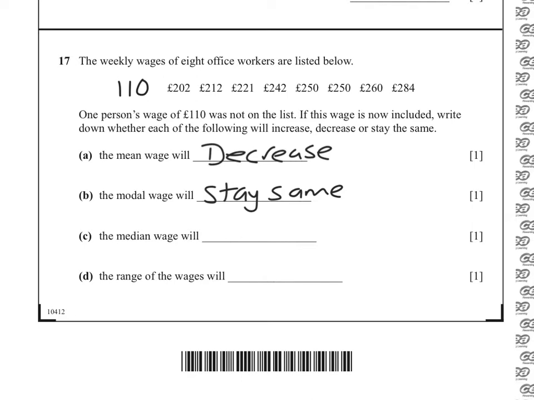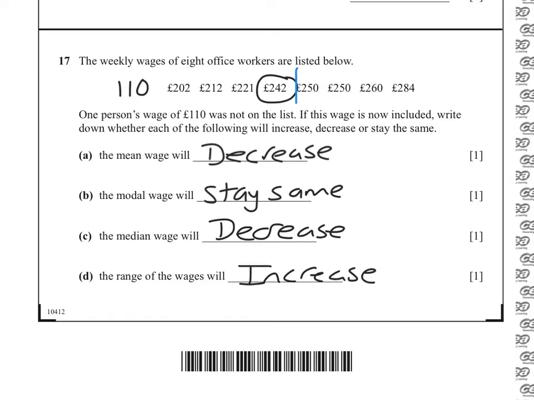So over 1, 2, 3, 4, our median was 242 with the 110, and prior to that it was halfway between 242 and 250, so the median will decrease and the range will increase, and that is because we have a larger difference. We were going from 202 to 284, we're now going from 110 to 284.